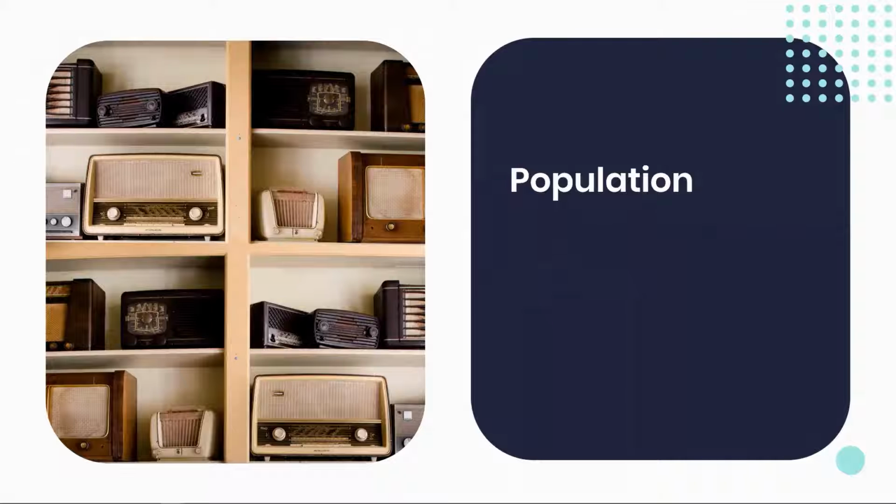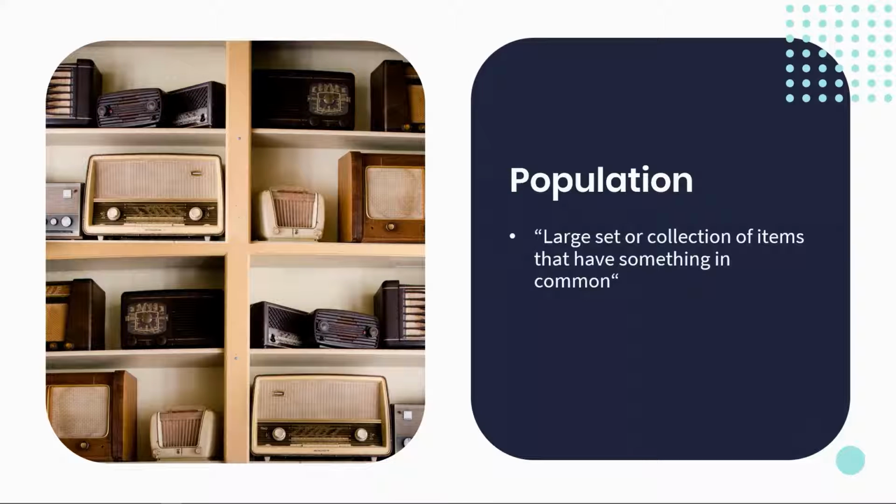Let's quickly recap what we've learned in the previous lesson. We learned that a population can be defined as a large set or collection of items that have something in common. An example of a population is the census the respective government collects every decade or so to collect information about persons living in the country. As you can imagine, this can be very time, resource, and financially consuming.